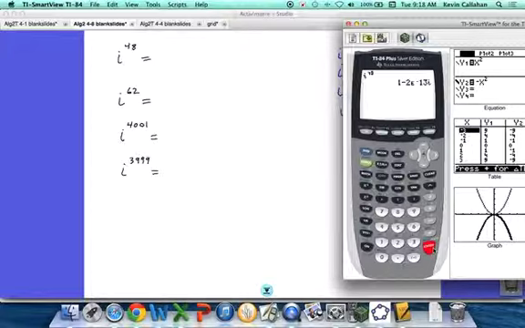Okay. And that looks confusing, right? 1 minus 2E negative 13i. That's scientific notation. That's saying 1 minus 2 times 10 to the negative 13th times i.